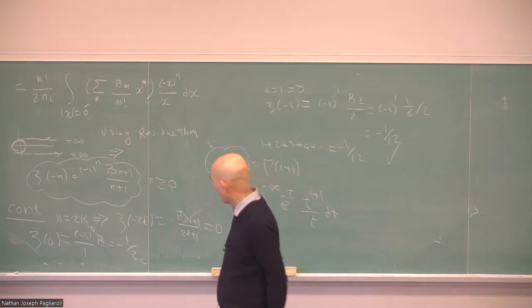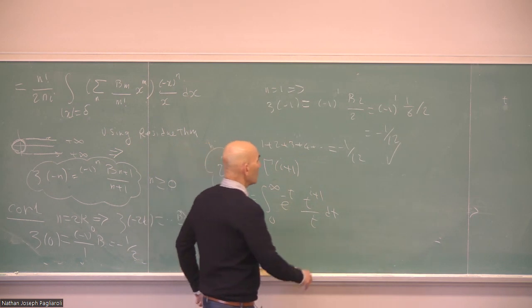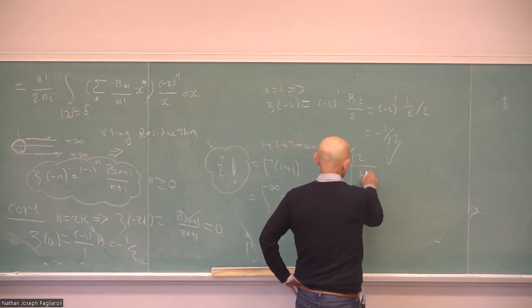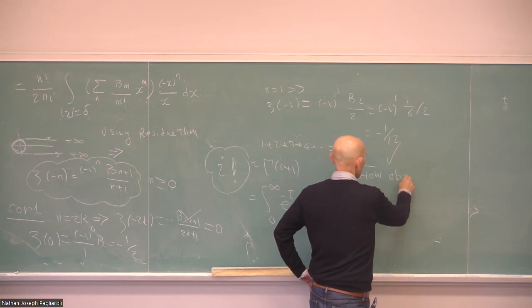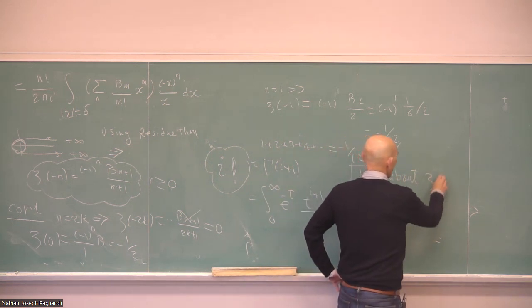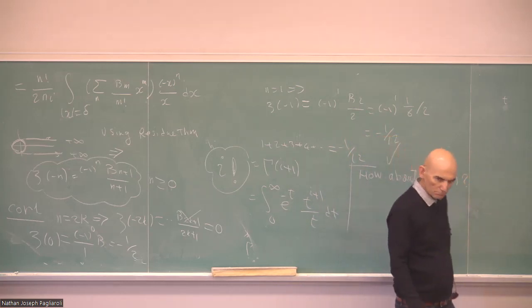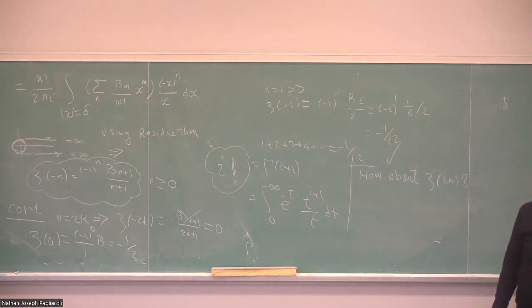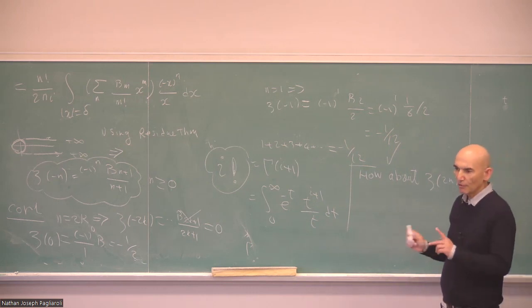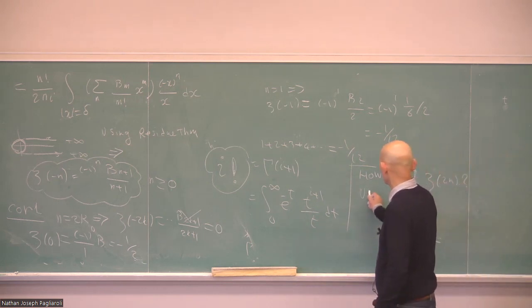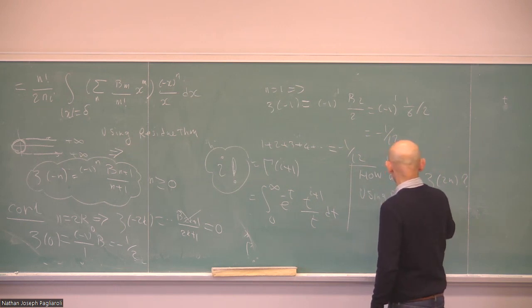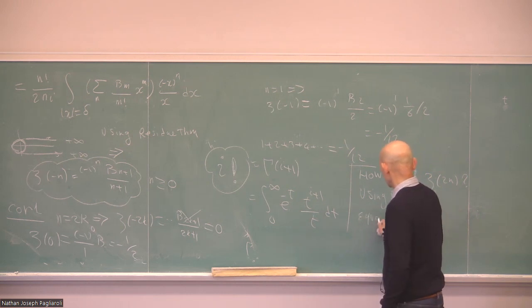So now what happens is, how about zeta of 2n? Well, thanks to the functional equation, so what was the functional equation?